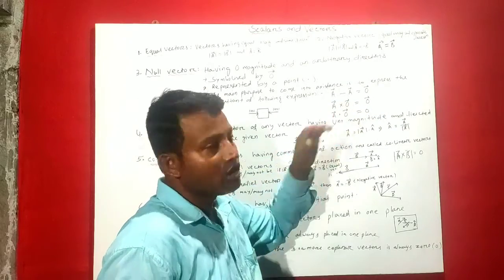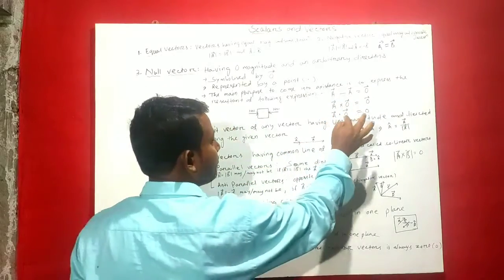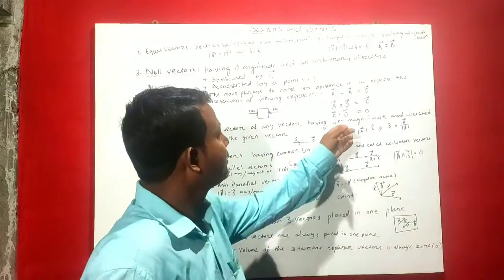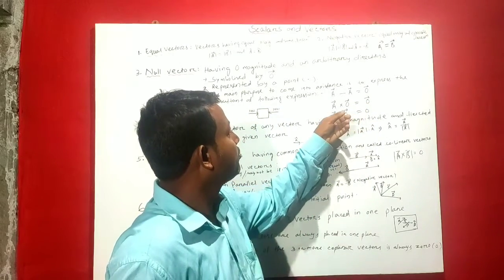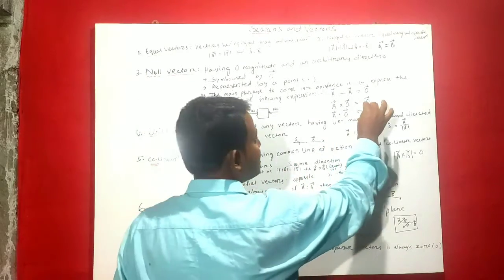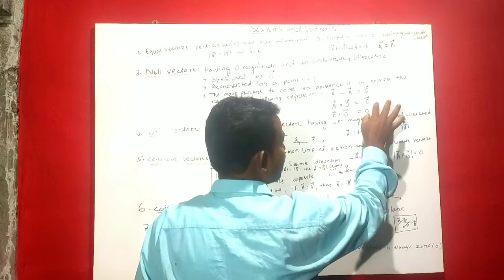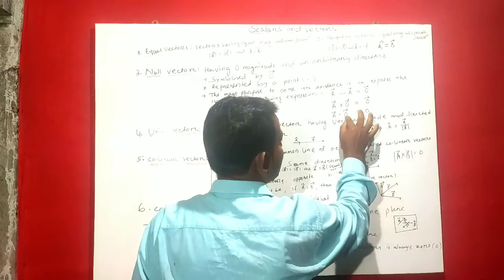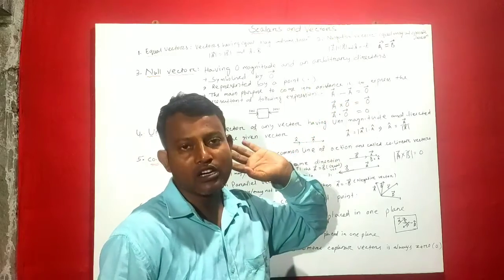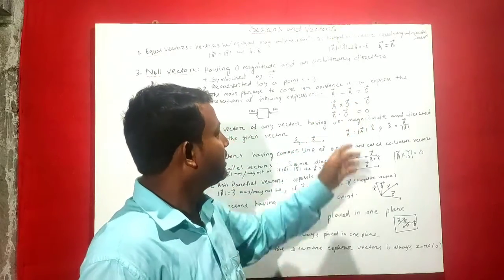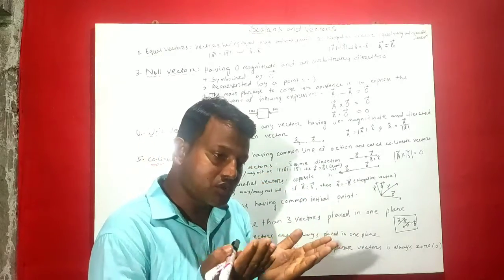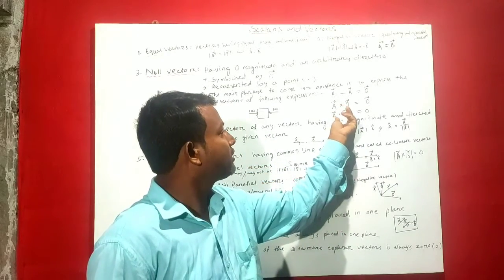When we take the dot product of a null vector with another vector, we always get 0, which is just a quantity. That means the dot product is a scalar product and the cross product is always a vector product. In the dot product, we multiply the magnitudes of the two vectors.